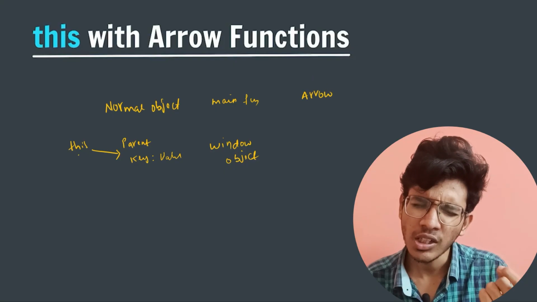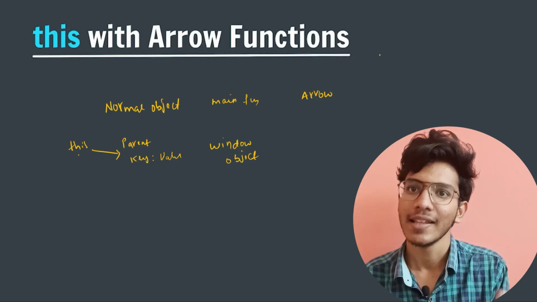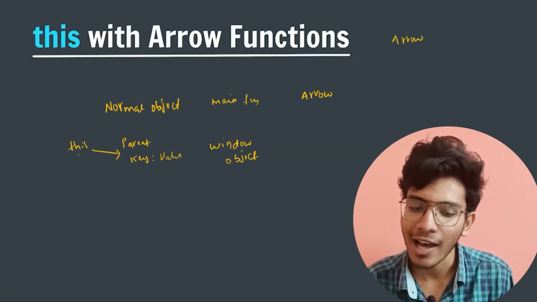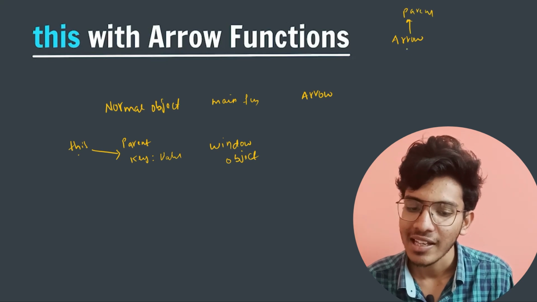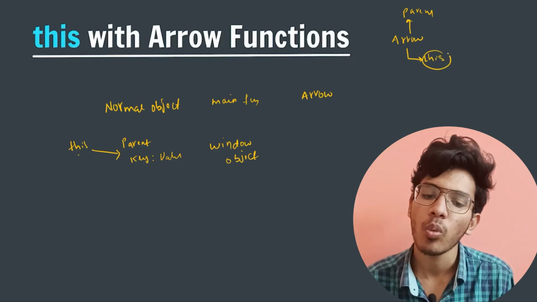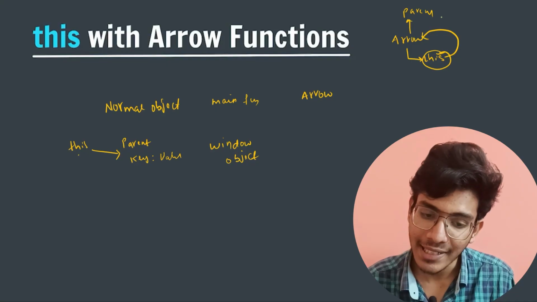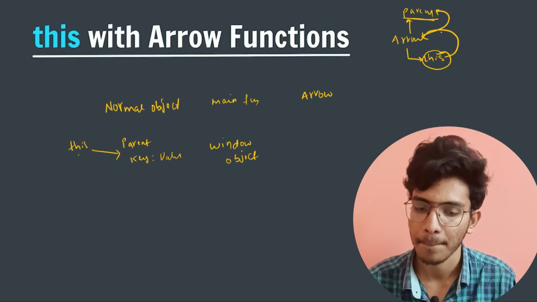Now for arrow functions, you need to remember that the this keyword will follow lexical scope. The meaning of lexical scope is that, let's say there is an arrow function, and the arrow function has a parent, and inside the arrow function you have the this keyword. For this keyword its parent is the arrow function, and for this arrow function its parent is another thing.